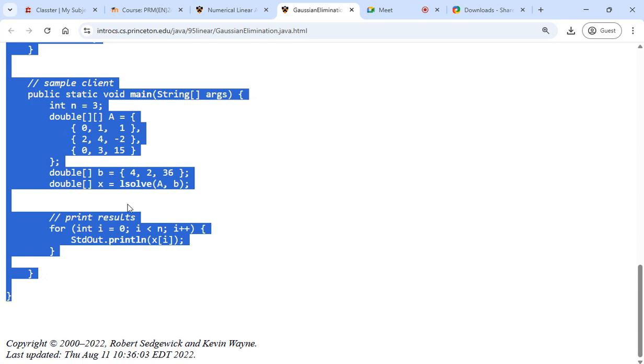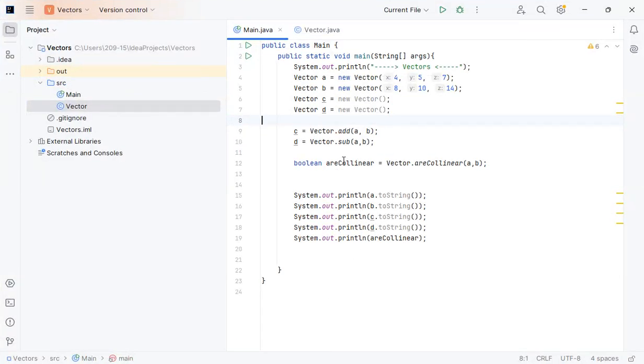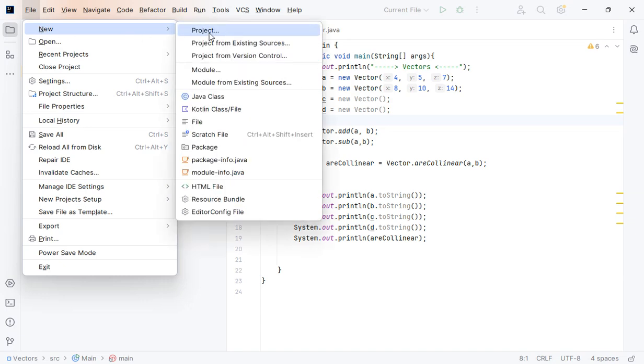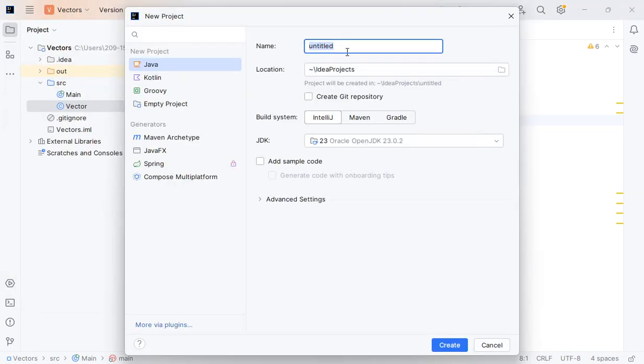Yeah, and if we copy that code, we have to open the IntelliJ IDEA. Here we open a new project, and we will name it Gaussian Elimination.